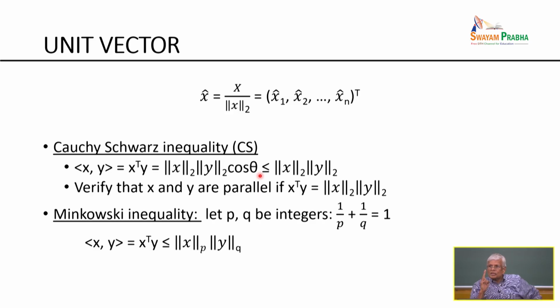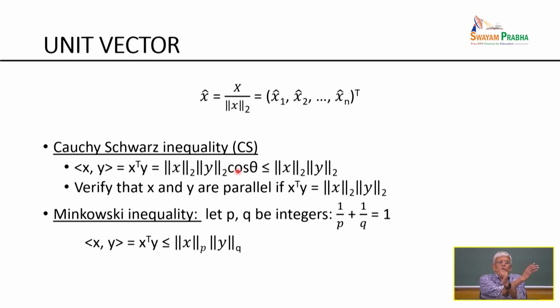So there are two ways of looking at the inner product. Since cosine is always less than or equal to 1, the absolute value of cosine is always less than or equal to 1. Everybody with me, please? So this product is always less than the product of the 2 norm of x and the 2 norm of y. Everybody? The two are equal only when cosine is 1. When cosine is 1, theta is 0.